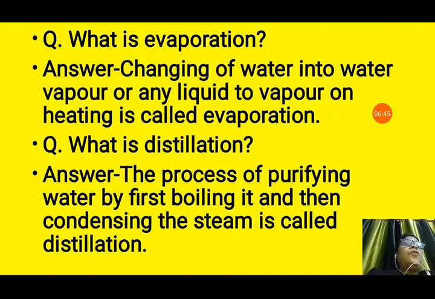The vapor is condensed and collected in another beaker, and we get the purest form of water. That is why we use distilled water in our batteries and other electronic goods. Otherwise, the chemicals present in the water can react with the chemicals of the battery. That is why we should use distilled water in batteries.